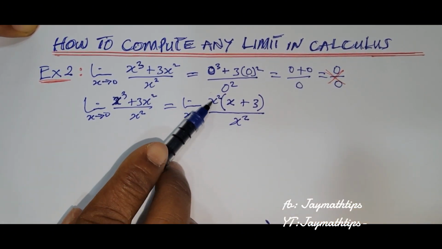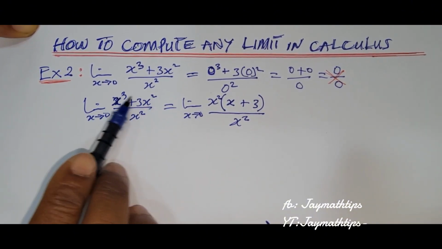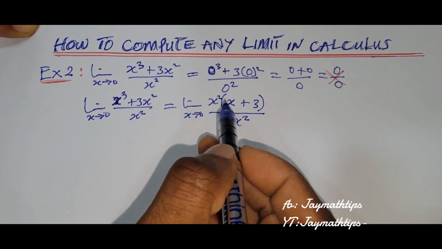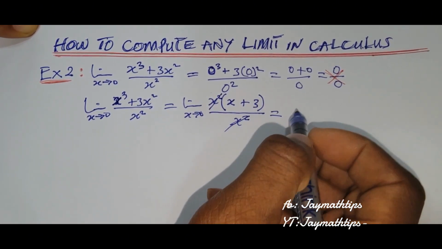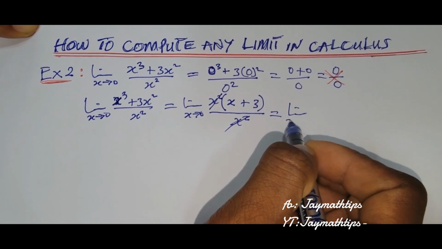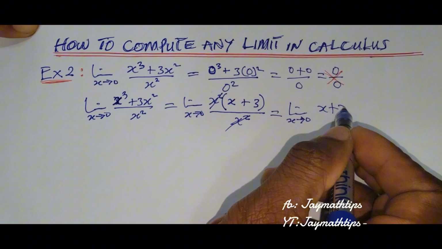Remember, by the time you expand or open this bracket, you still arrive at the numerator. Okay, so here you just cancel out and you have the limit as s approaches 0 of s plus 3.